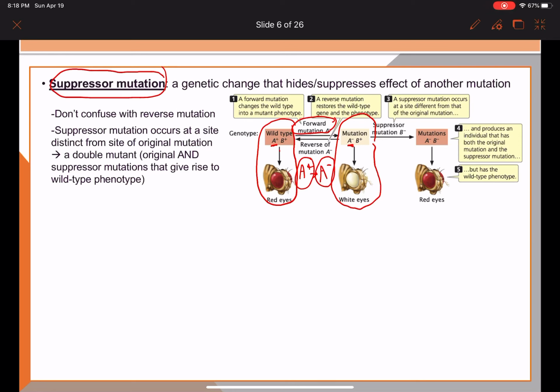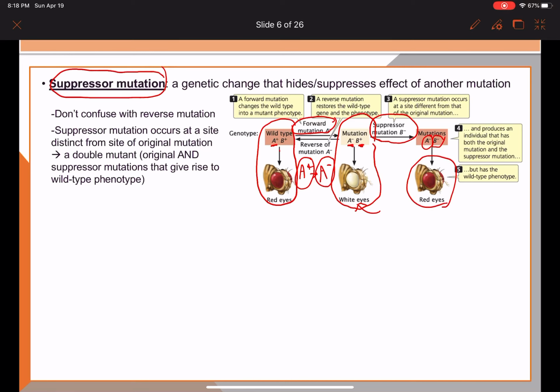With suppressor mutation, we're talking about a second gene that is affecting the expression of the mutant phenotype. The mutant phenotype was white eyes. So we have mutated A, which is supposed to give white eyes, but somehow a second mutation in the B gene, which gives you that B mutant gene, has turned that white eyes back into red eyes.